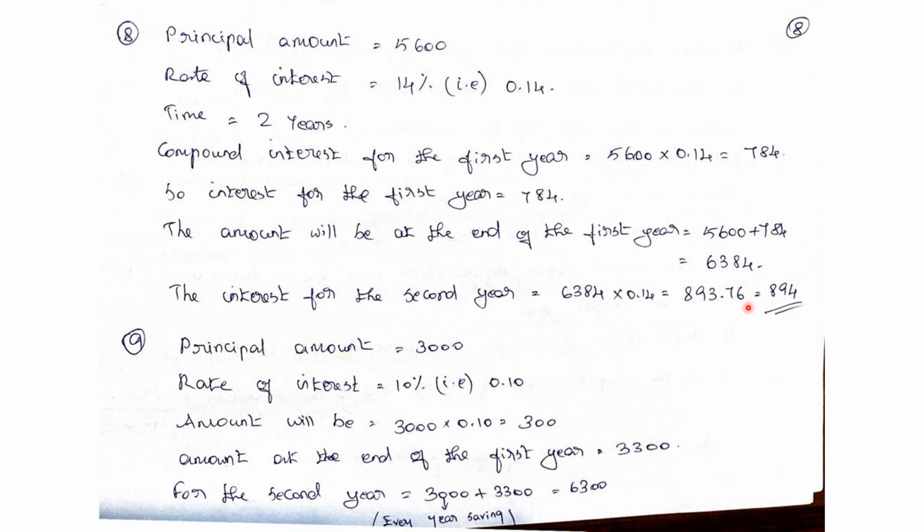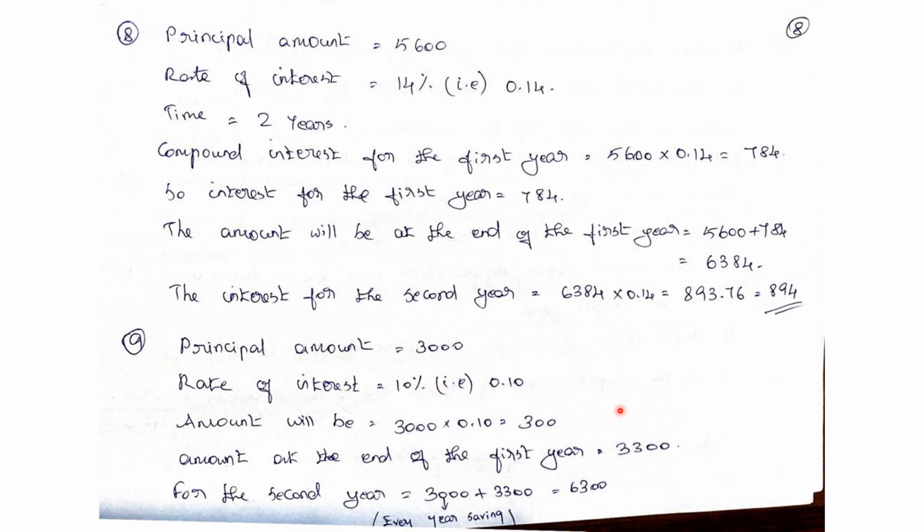You know how to round it. We should consider this place first; if this is 5 or above 5, this will become 8. Again we consider this place, same rule: if the number is 5 or above 5, this will come as 4. 894. Okay.